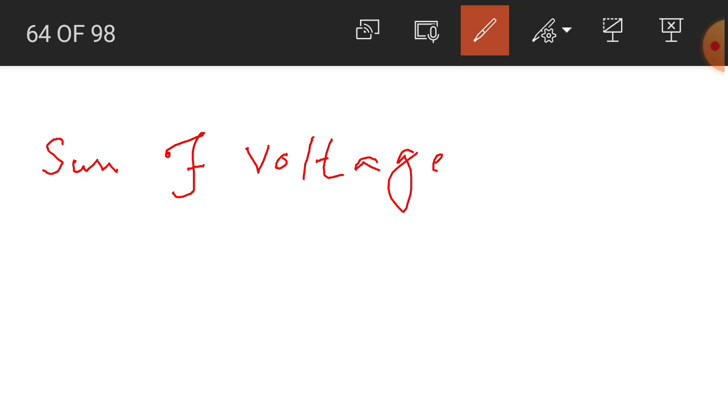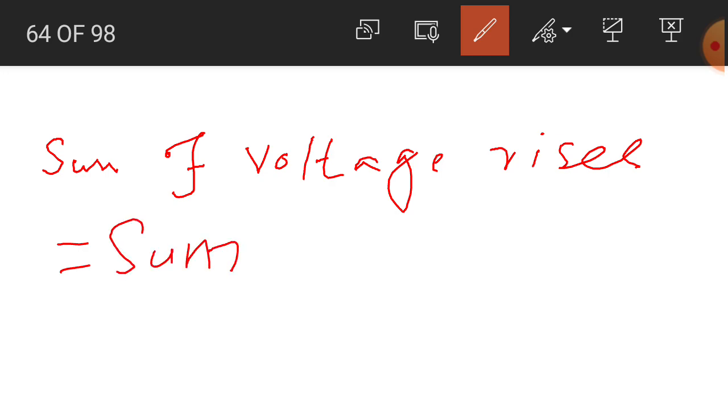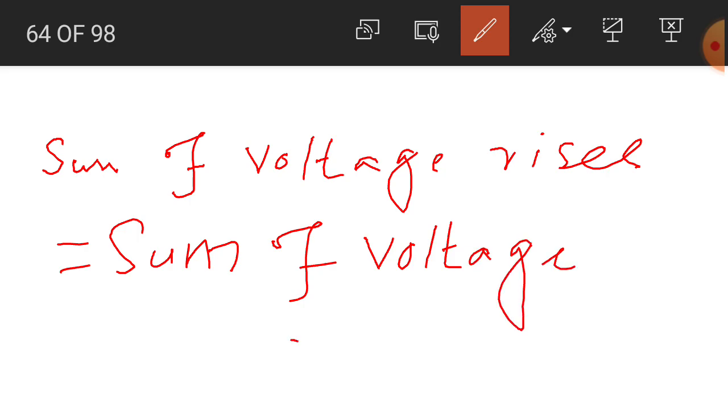So KVL states that the sum of the voltage rises in a loop will be equal to the sum of voltage drops. This is the statement of KVL.